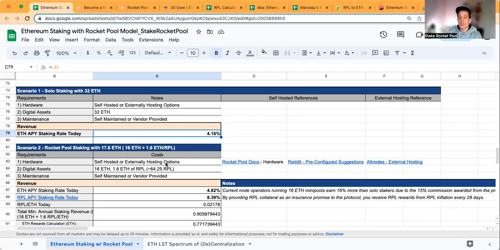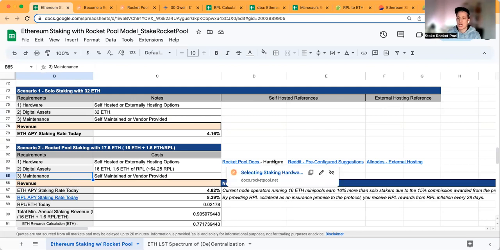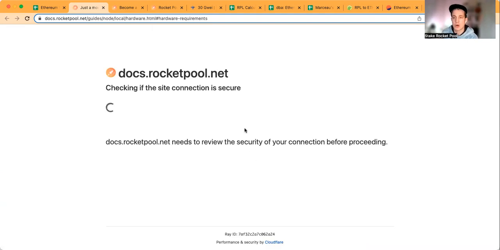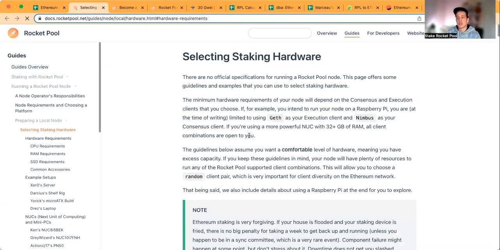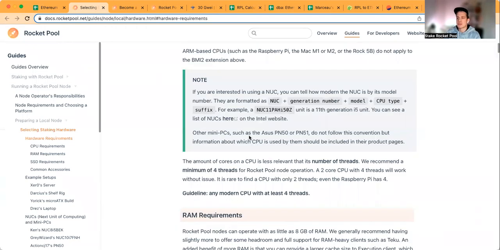Now, fun part, jumping into Rocket Pool, you need the same type of things. You need the hardware, the assets, and you need a maintenance schedule. The good news is that Rocket Pool has really good docs for figuring out what hardware you want, with different models and examples. We're hoping to create a model and show you how we set up our home staking node. We're currently doing some remote staking in 3 different geographies because we're not able to keep that same uptime.